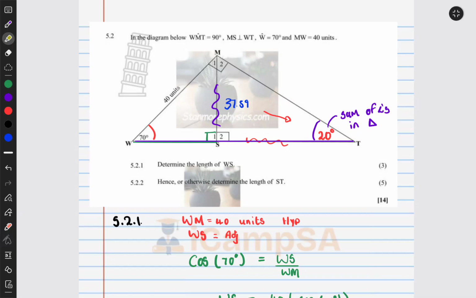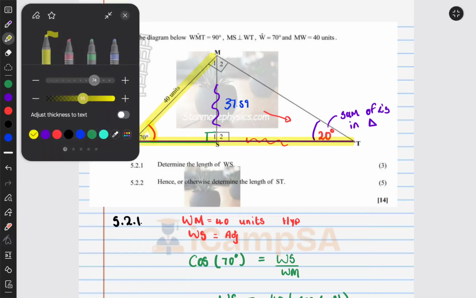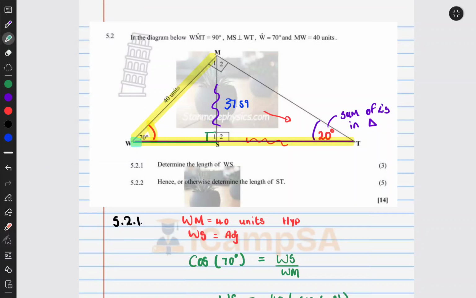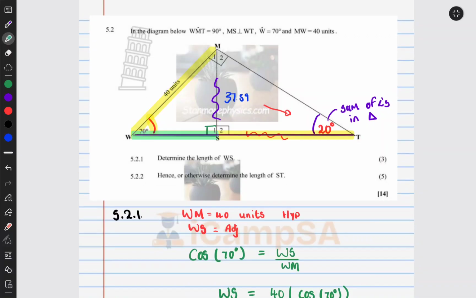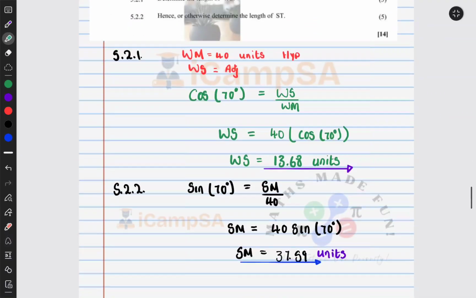That triangle, this side WT is the hypotenuse, and we have the angle here of 70 degrees, and we have the side of 40 units. So you could have just calculated the length of this entire side and then subtracted the length of WS to solve for ST. You could have actually done that, but either way, both answers should be the same.